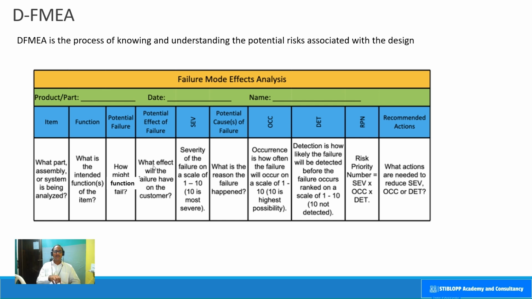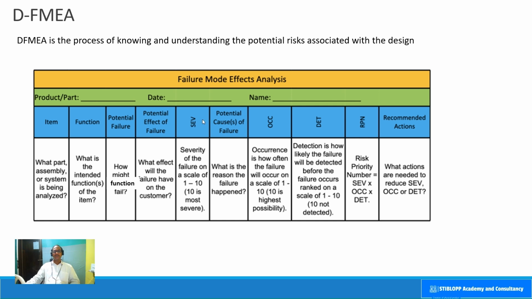Suppose the failure causes the non-functioning of that particular item, then the severity scale is between 5 to 7. Suppose the failure causes only disturbance to the operator, then the rating of the severity is between 0 to 5.